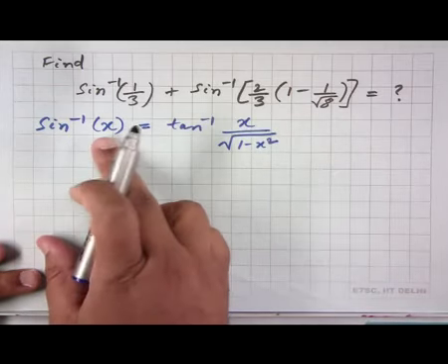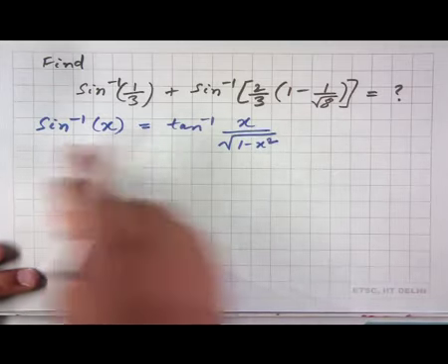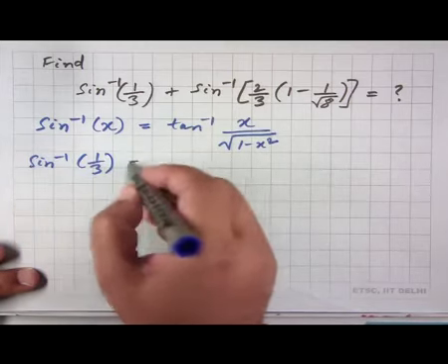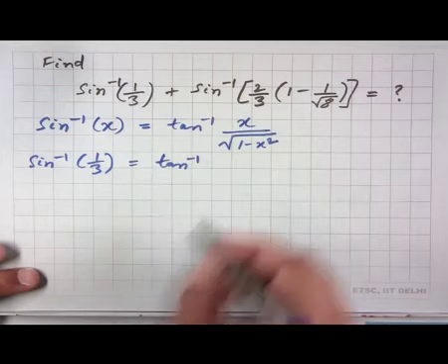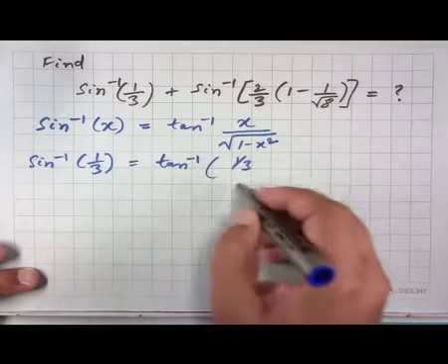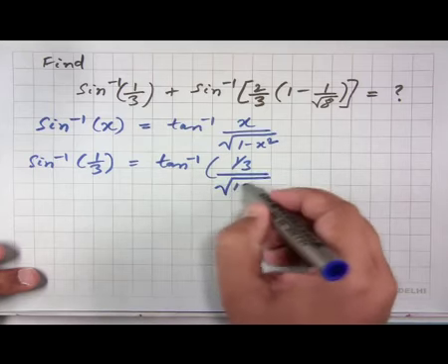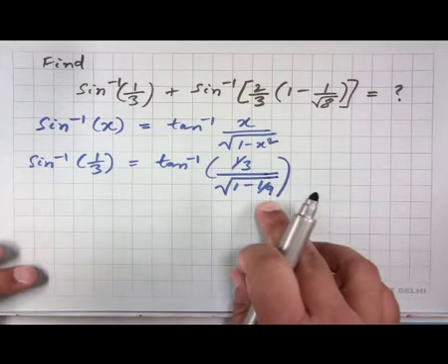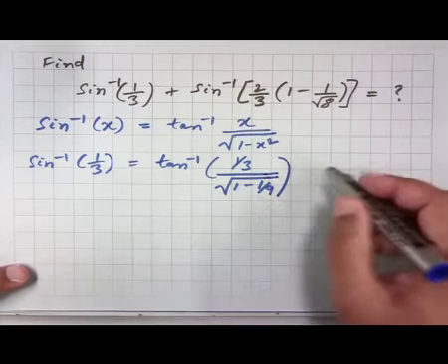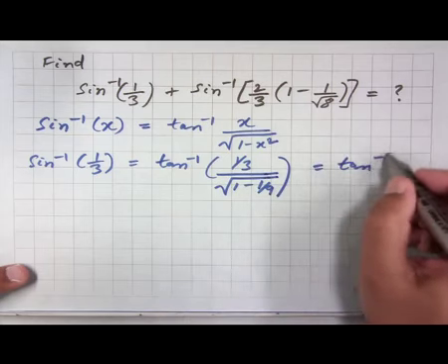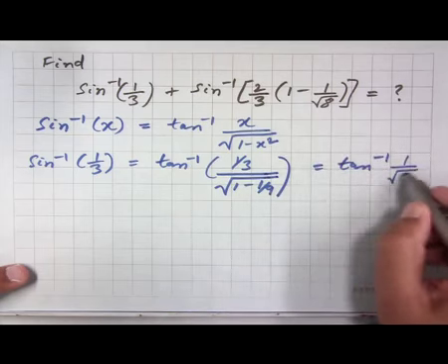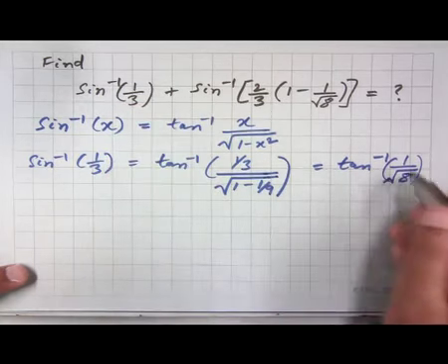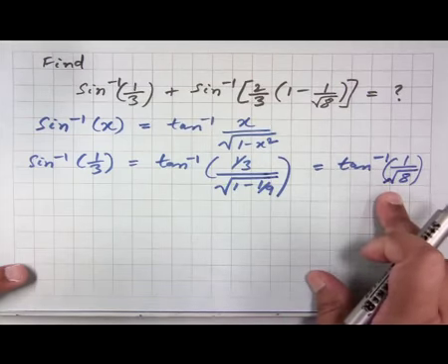So, with x equal to 1 over 3, and if we use this formula, then what we will end up getting is sine inverse of 1 over 3 is equal to tan inverse of 1 over 3 divided by square root of 1 minus 1 by 9, because 1 over 3 whole square is 1 by 9, and then this will be equal to tan inverse of 1 by square root of 8. So, sine inverse of 1 over 3 is actually tan inverse of 1 over square root of 8, and this is the positive square root.